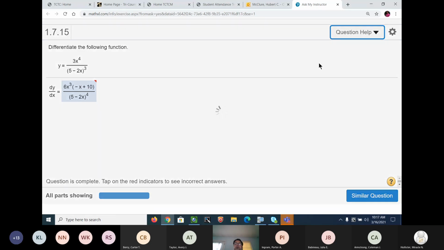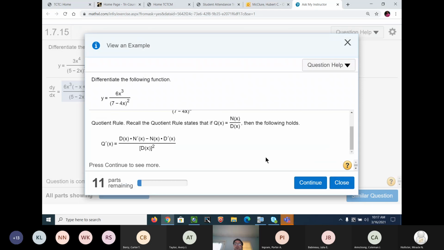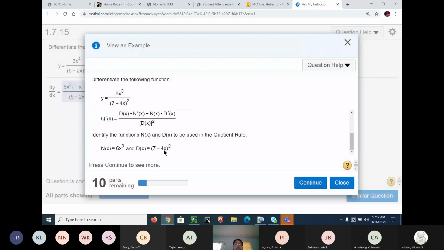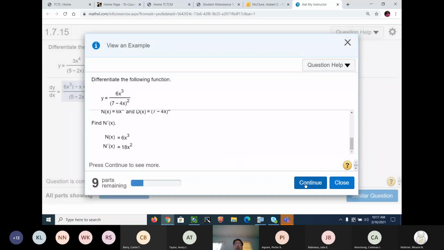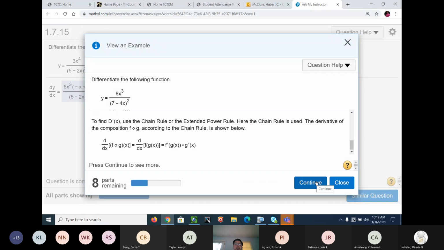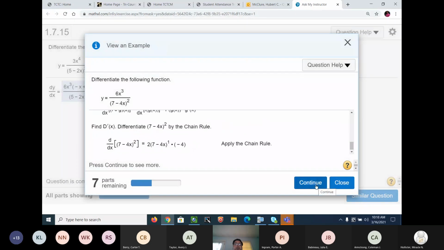Let's see what they did. See if they did the quotient rule. Yep, they did the quotient rule. I'm just looking. I'm going to go down and see where they actually plugged everything in.